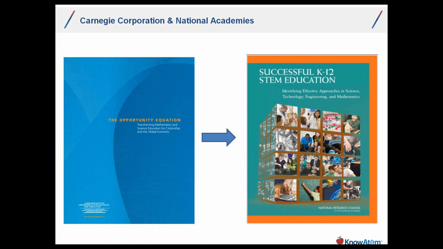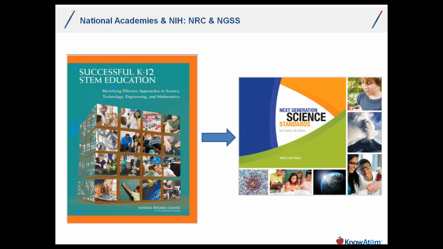And so that's how the Opportunity Equation sparks an interest by the National Research Council, which is the staff side of the National Academies of Science and Engineering, and ultimately brings about the Next Generation Science Standards as a result of the report Successful K-12 STEM Education, where the National Research Council went out and said, okay, there are all of these reports: Rising Above the Gathering Storm, Tough Choices or Tough Times, the Opportunity Equation.